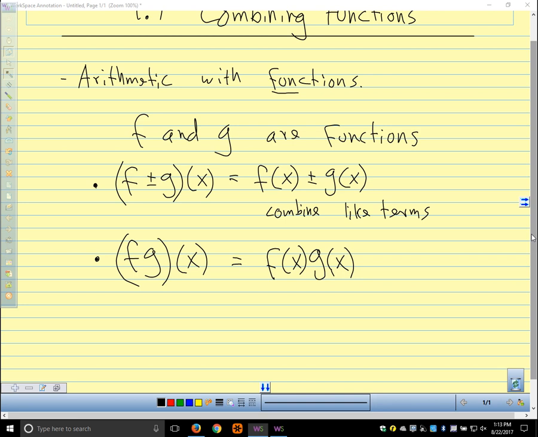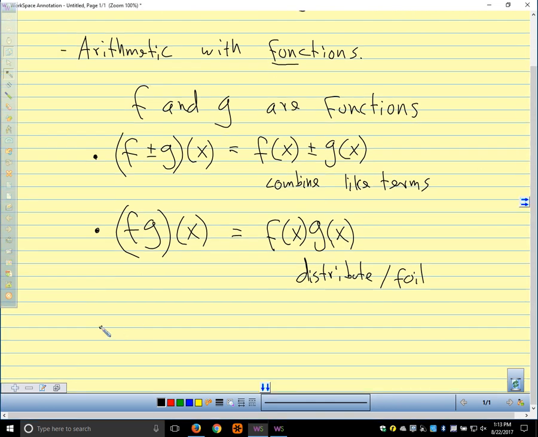Distributing. And especially with polynomials, what's our little acronym for remembering how to distribute correctly? FOIL. Yeah. FOIL is an acronym to help us remember how to distribute correctly when we have multiple terms.